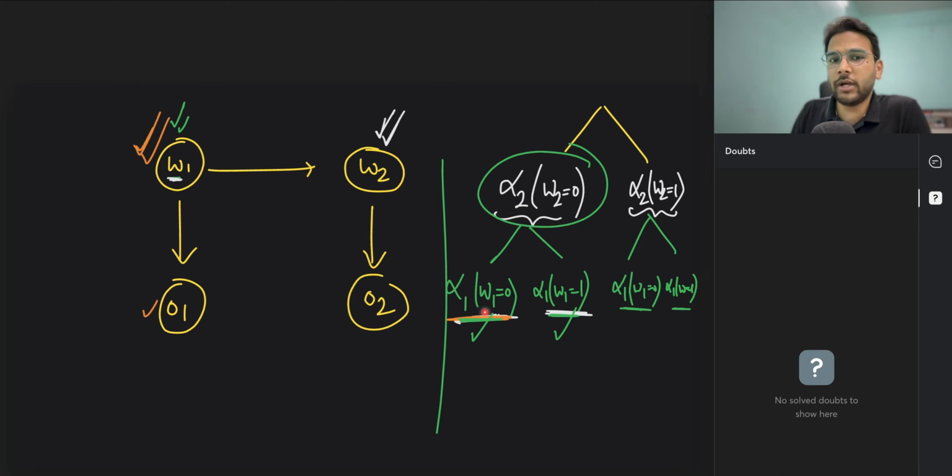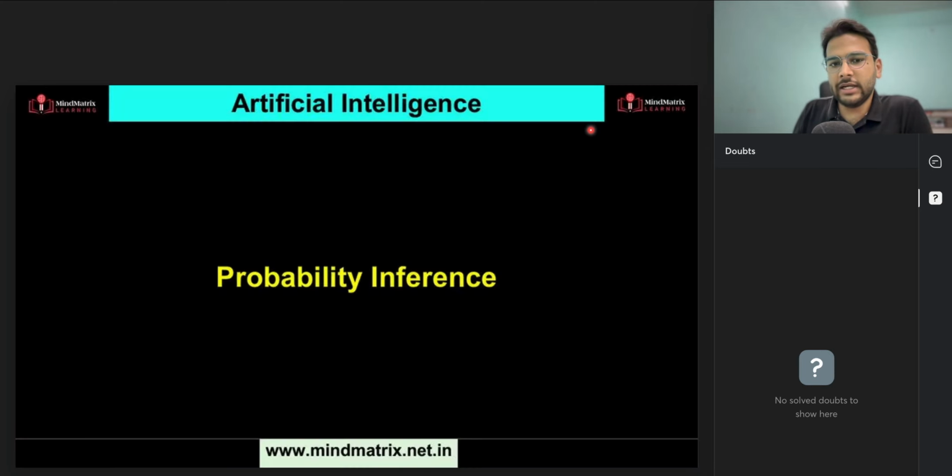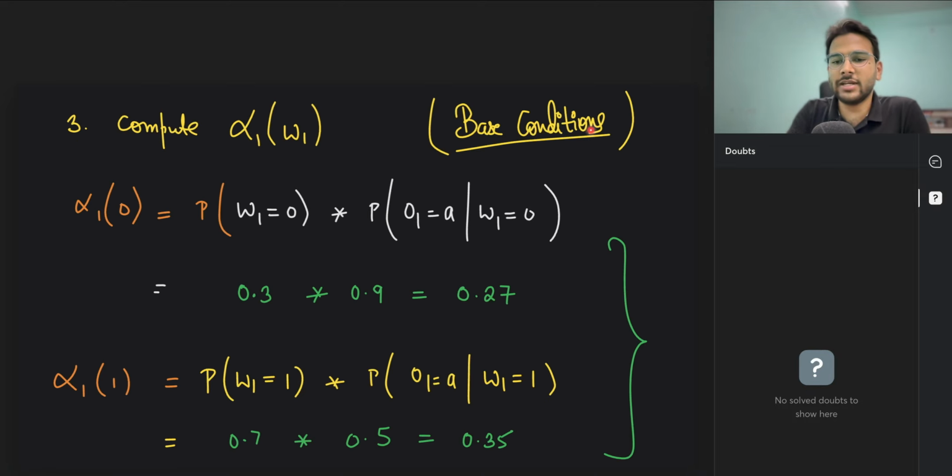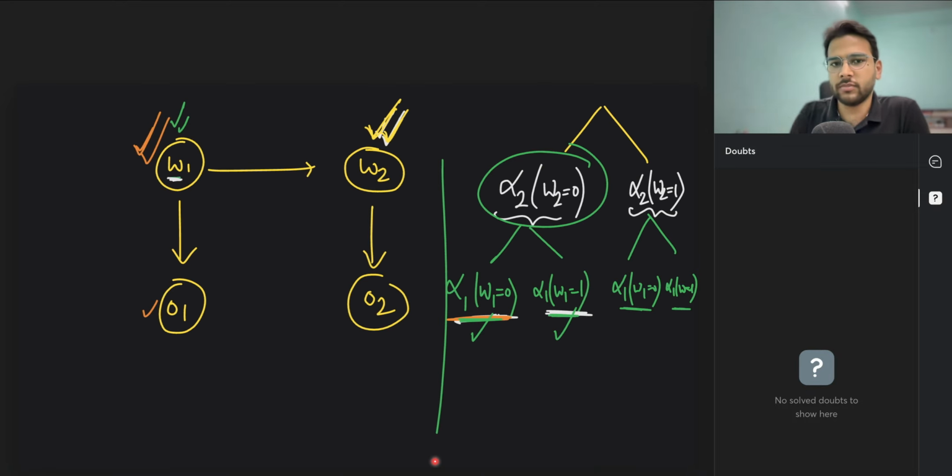How can you compute this value now? So come to this, focus on this one now. If you remember clearly, alpha 2, now we have to compute alpha 2 of 0. When I say alpha 2 of 0, that means the value W2 is equal to 0, right? So in short, we can write alpha 2 of 0.